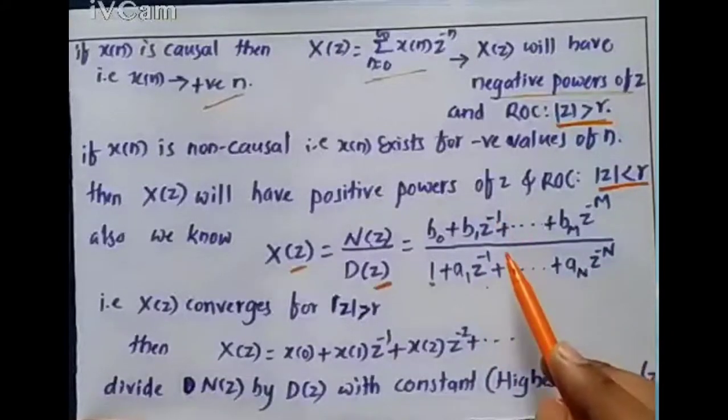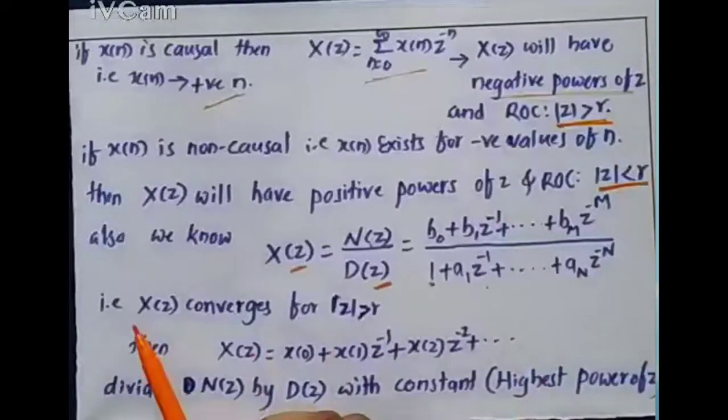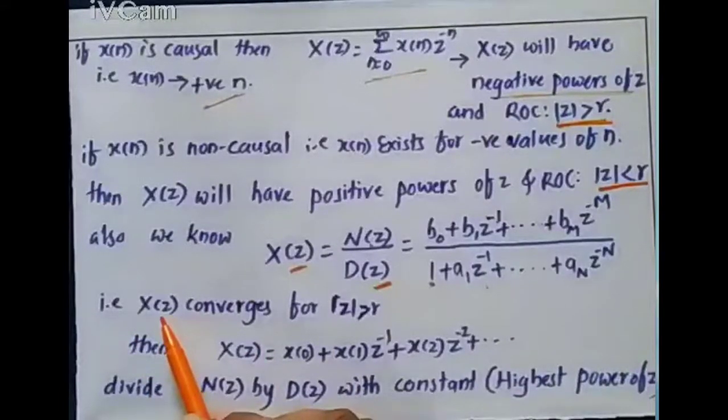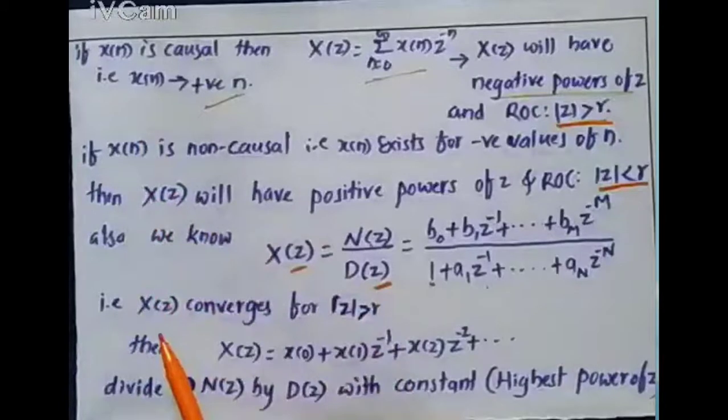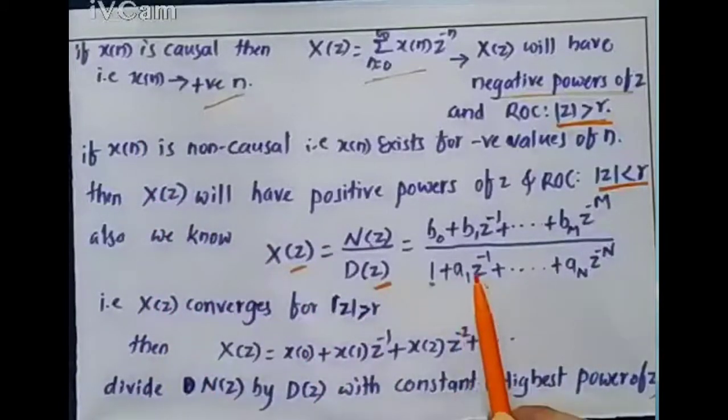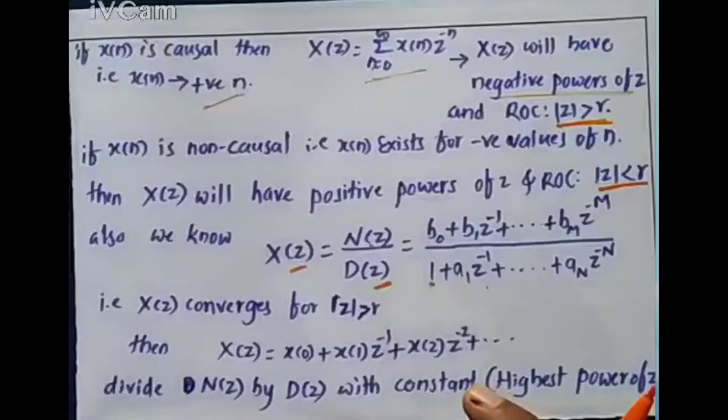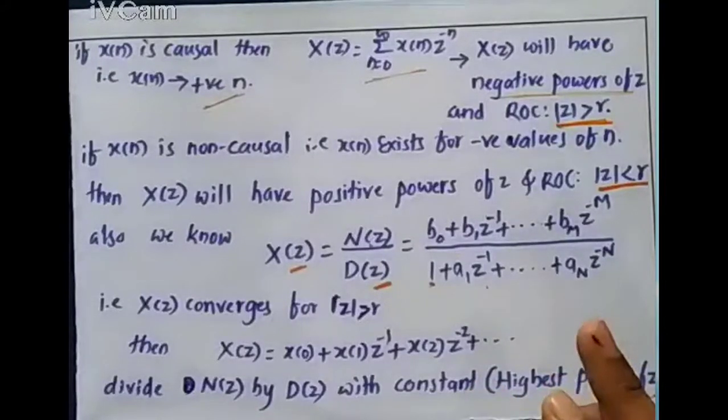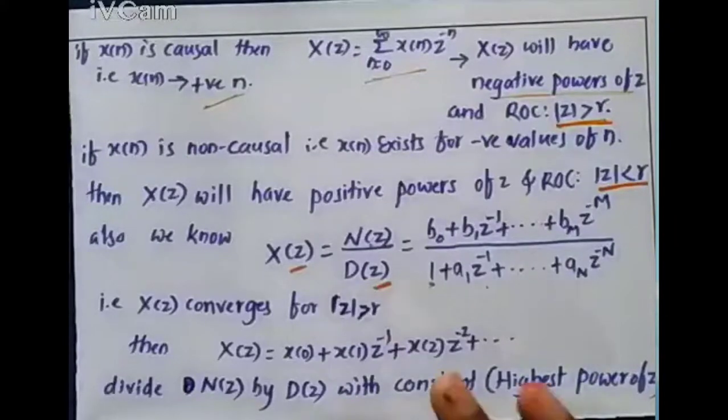So here we can understand the other constraint we need to do, which is the division method. Long division method, as the name says, we will divide the terms of the numerator polynomial by the denominator polynomial. That is the long division method.